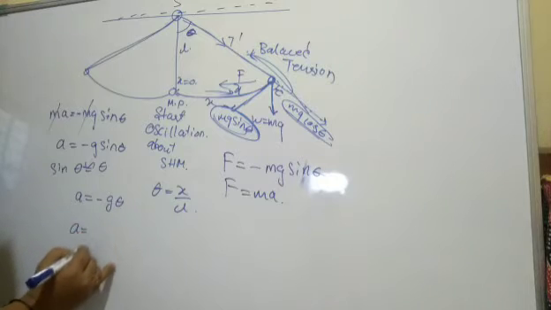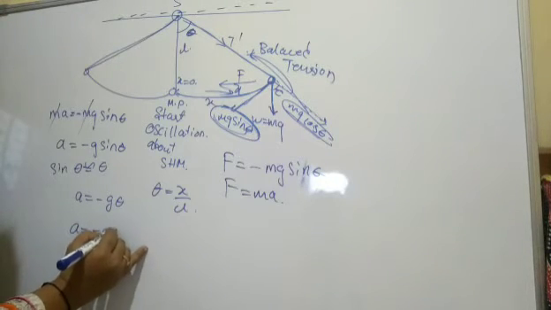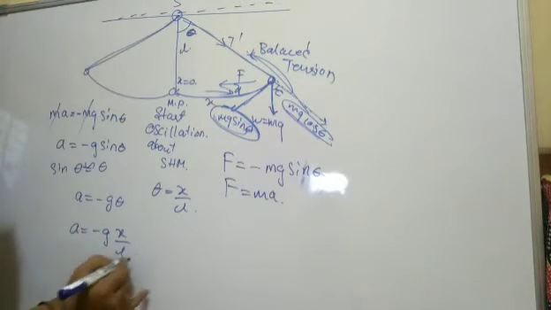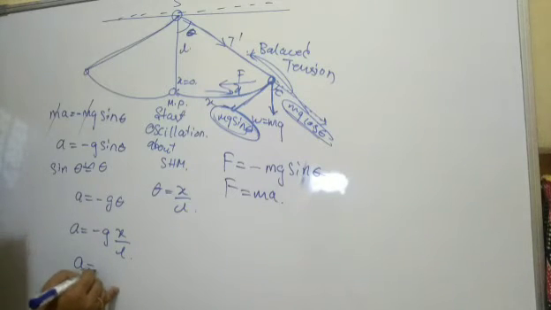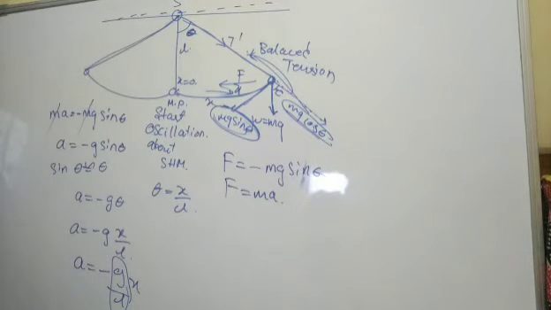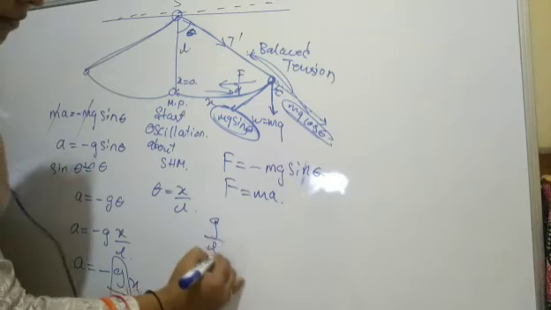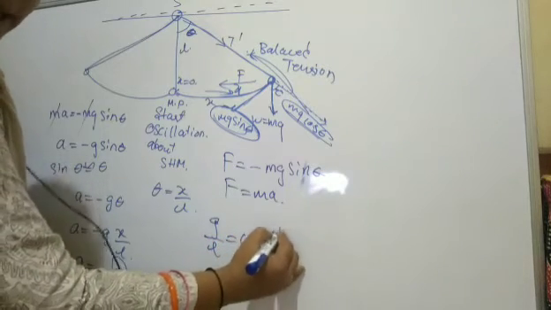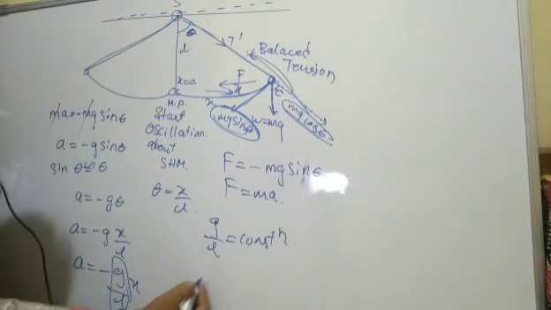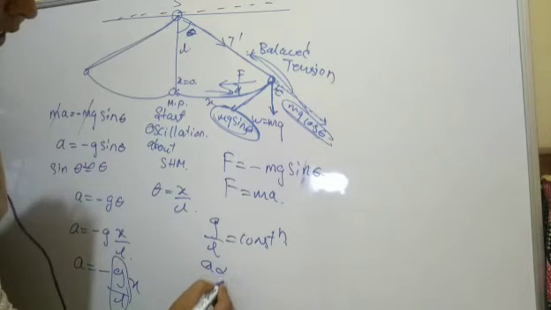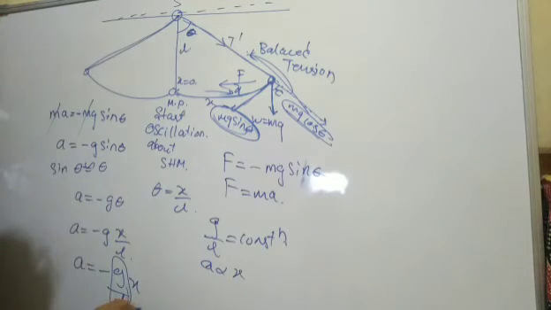Substitute here, a is equal to minus g into x by l. So look at here, a is equal to minus g by l x, where g by l is a constant, only acceleration is depending upon the displacement x. So we are taking g by l as a constant, then acceleration is directly proportional to x.